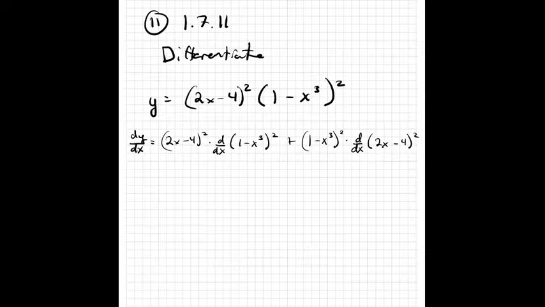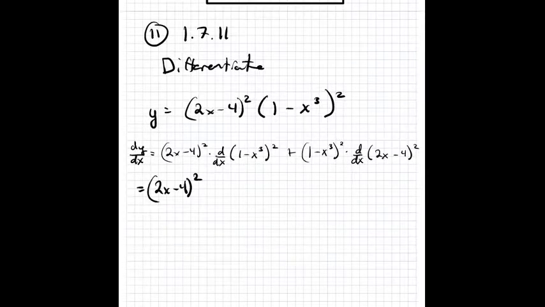Okay, let's take these derivatives. So this is going to be equal to, the first is just going to come down. We're still going to have our (2x minus 4) squared. Now, if we're focused on this guy, that's when we invoke the chain rule. So we say the derivative of the outside function times the derivative of the inside function. The 2 is going to come down.